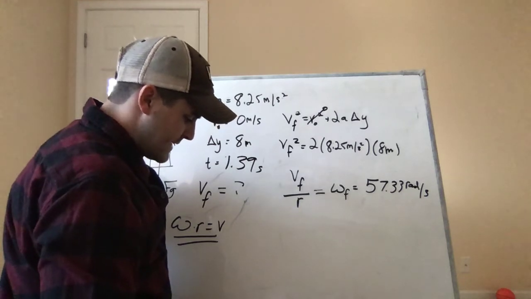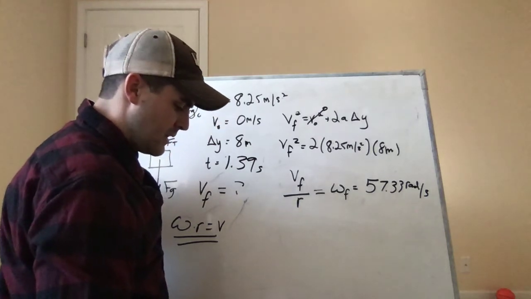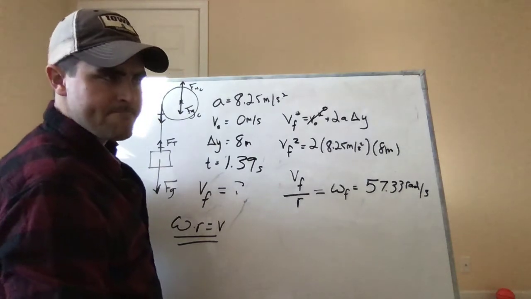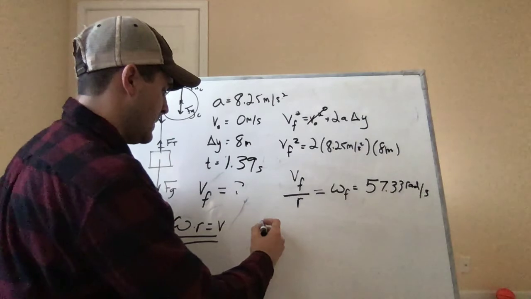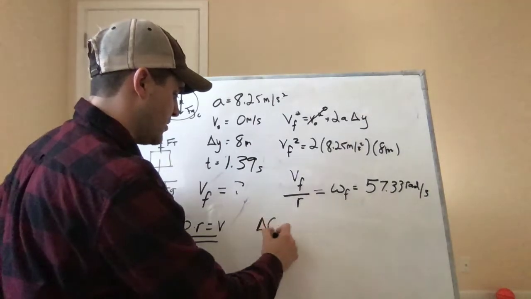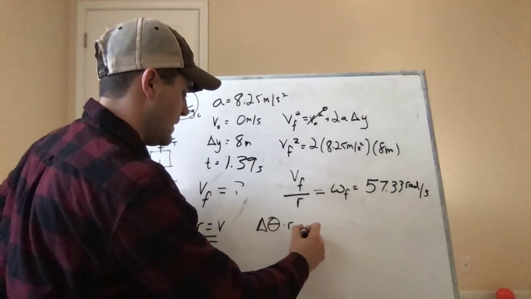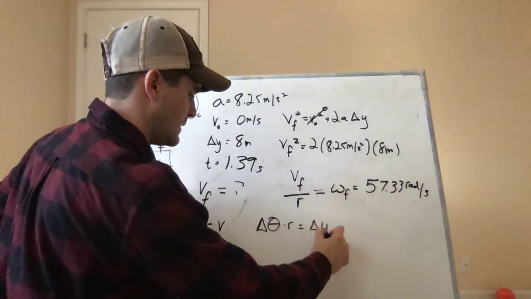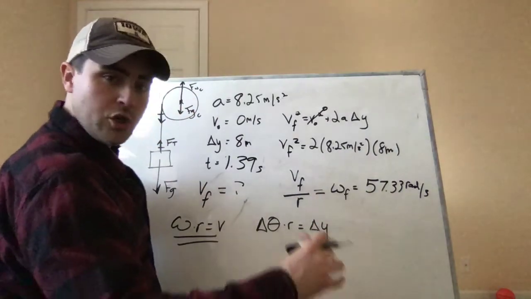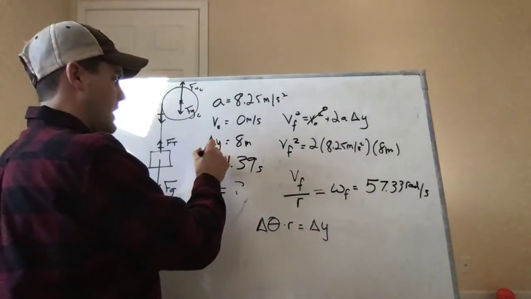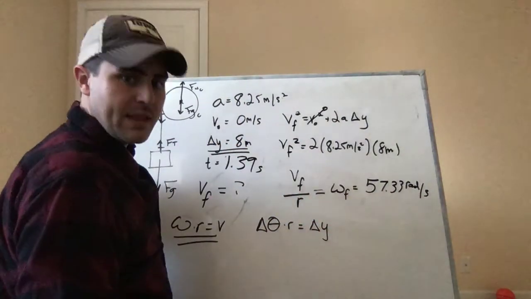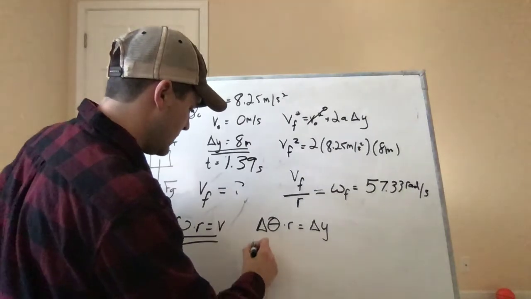Question E says, how many revolutions did the pulley make while the bucket was falling? That's like rotational displacement. Angular displacement times r is equal to linear displacement, in this case, delta y. I could go ahead and use a whole different kinematics equation, or I could remember that I was given delta y. Let's just use our bridge equation.